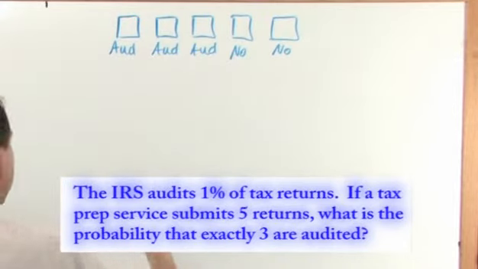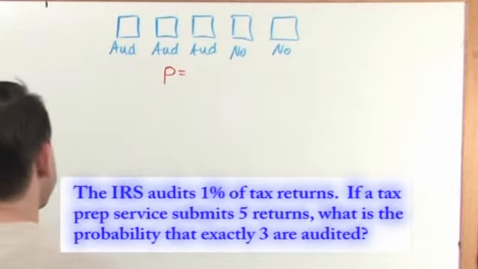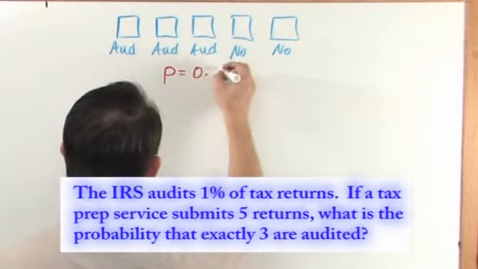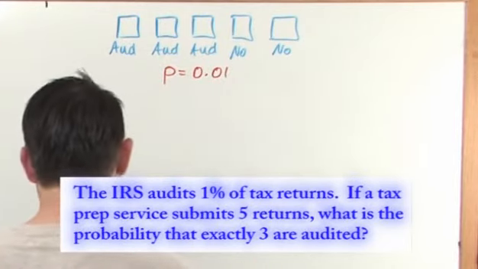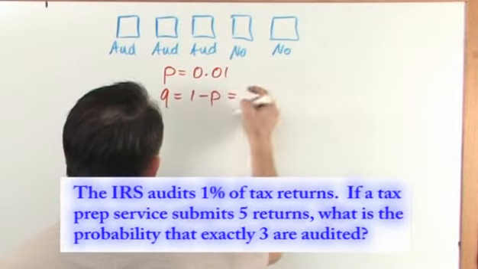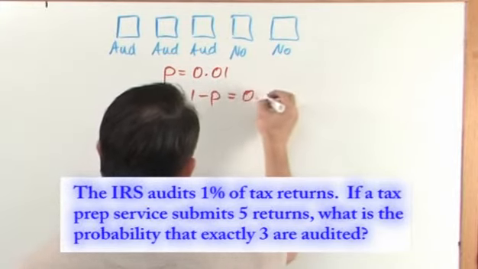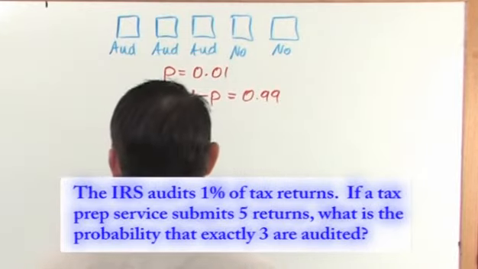So from the problem, the probability of success, and I'm calling being audited a success, if you can believe that, is 0.01, 1%. Just move the decimal point 2 places to the left, okay? Q is always going to be 1 minus P, so it's 1 minus 0.01, so it's 0.99. That's going to be the probability of not being audited, okay?